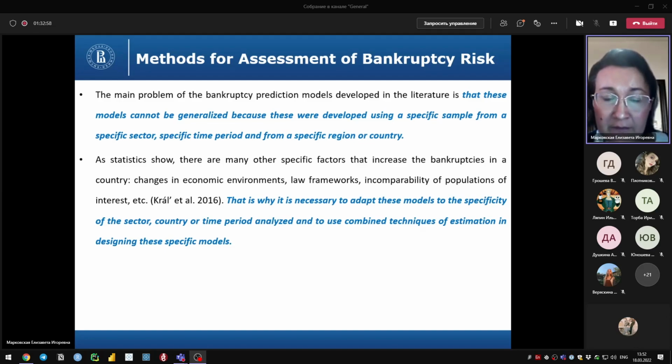So you can use this topic, bankruptcy risk models and insolvency risk models, for your research, for a thesis paper, in bachelor program, in master program, and then in PhD. And you may develop and develop and develop, because there is a lot of space for future research.